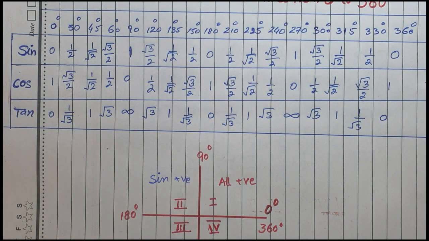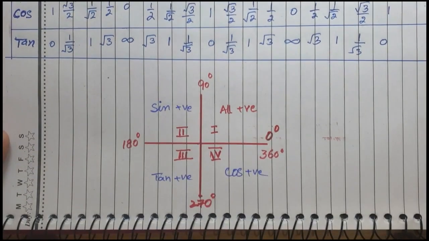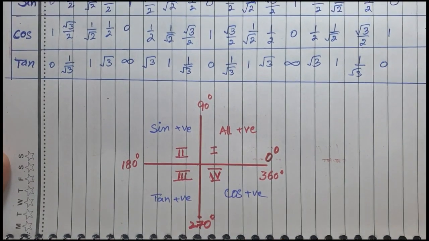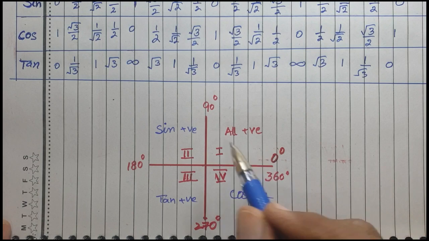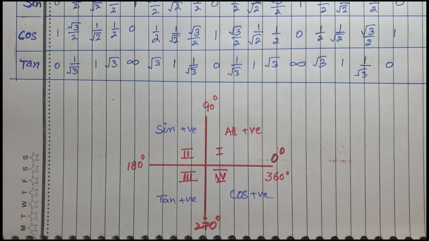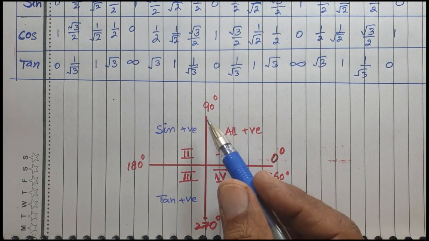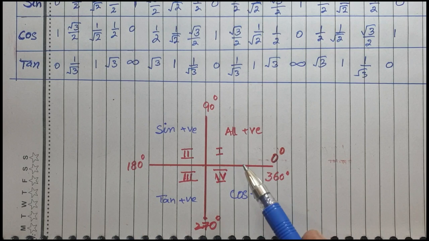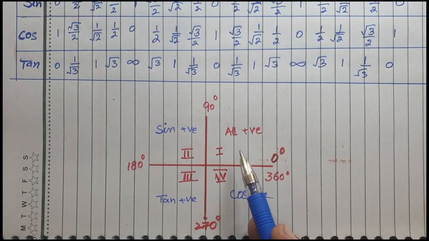Okay. Now we come to the signs of these values. Here is a quadrant I have drawn: 0 degree, 90 degree, 180 degree, 270 and 360. In the first quadrant, from 0 to 90 degree, all values, meaning sine, cos and tan, will be positive.